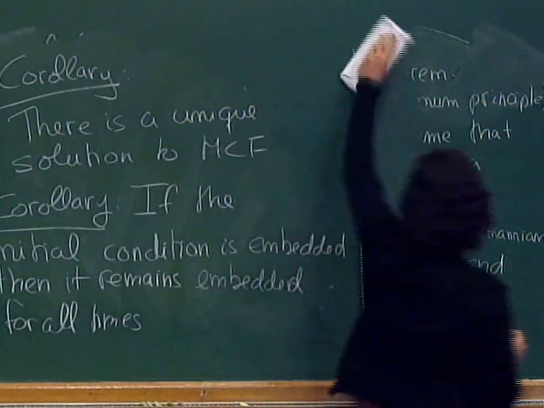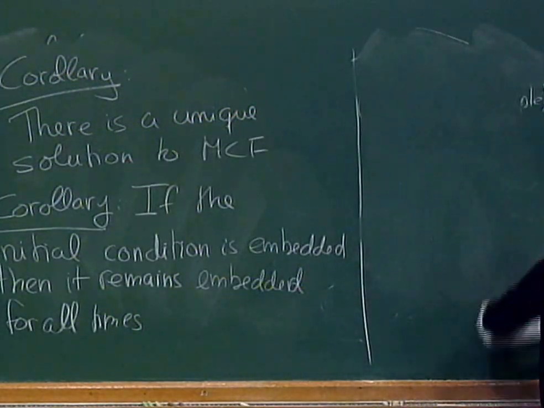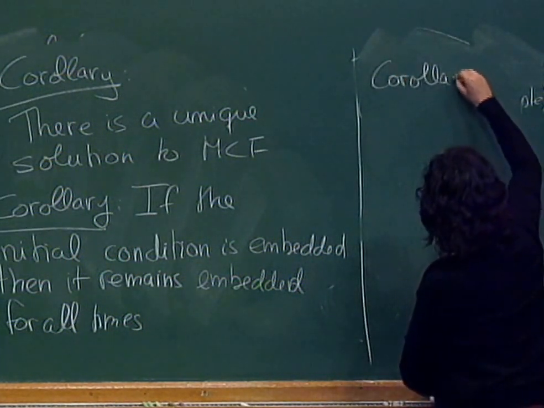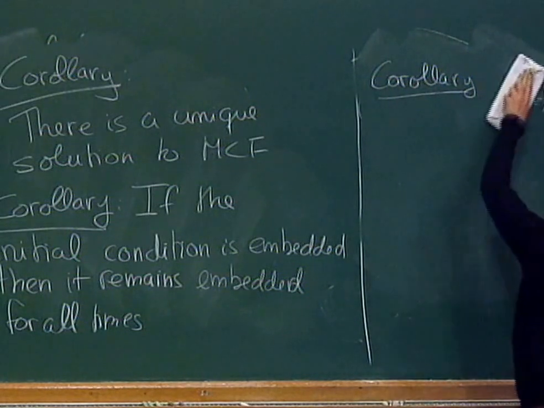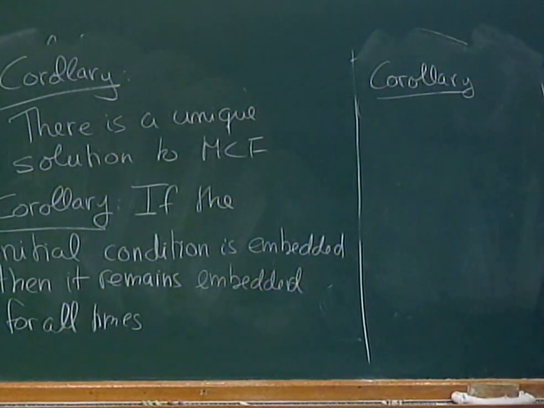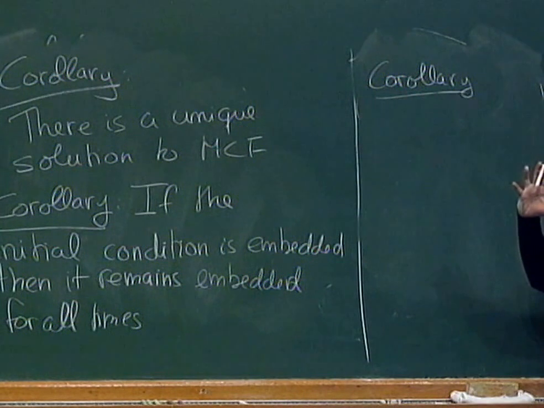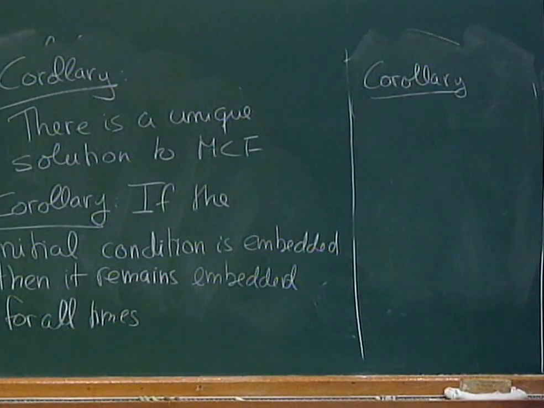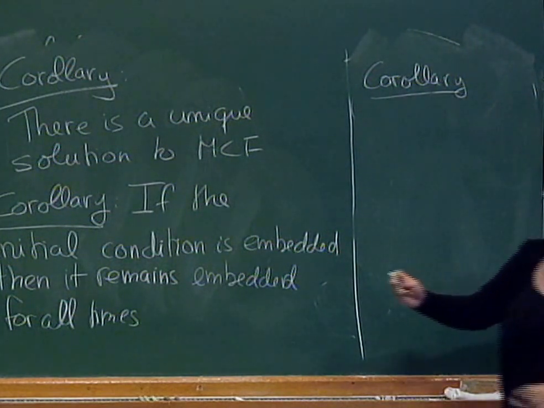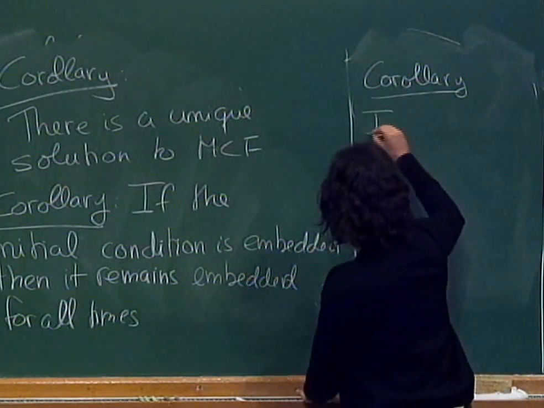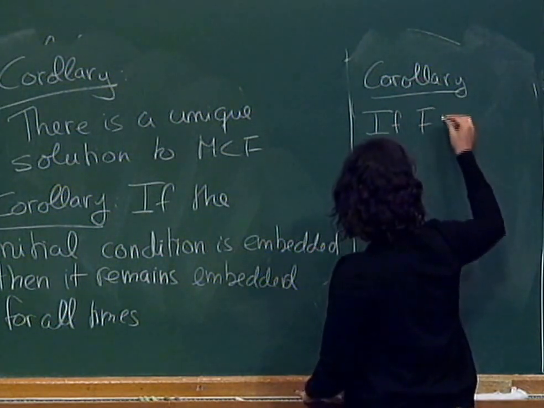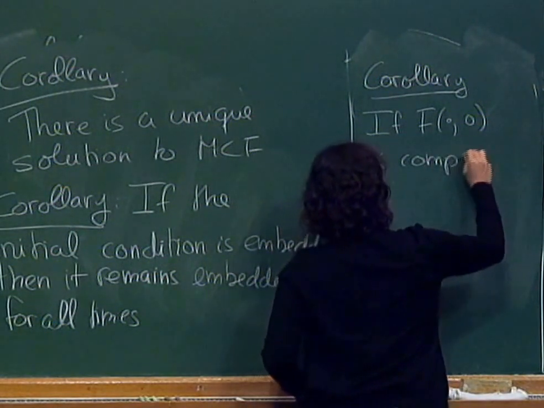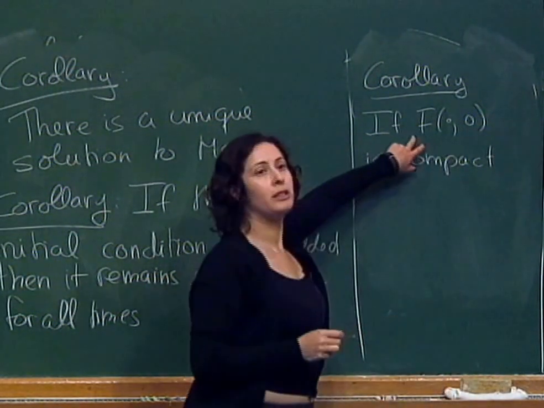And the last corollary that I want to discuss of this particular theorem here is that, okay, yesterday we computed an example that is the evolution of a sphere, and that was converging to a point in finite time. So what this tells me is that if I have something compact, I can put this inside a sphere.